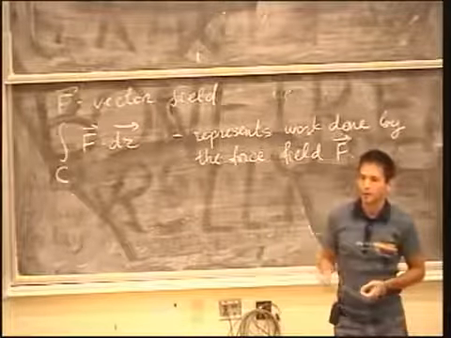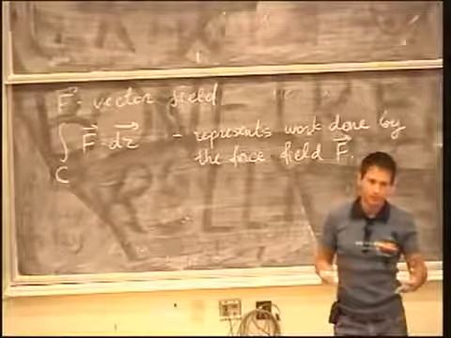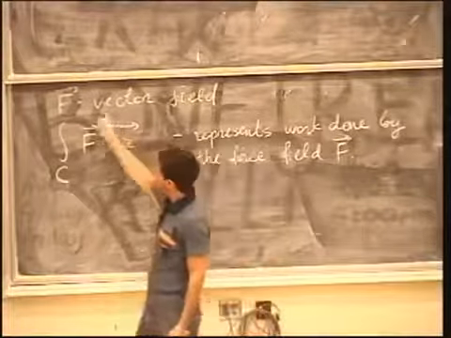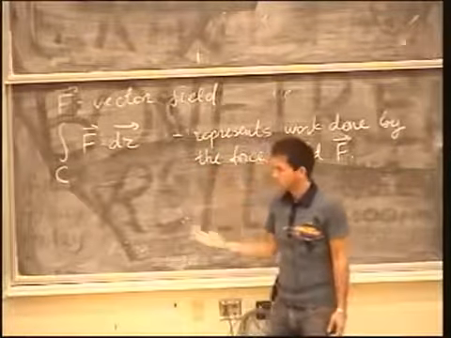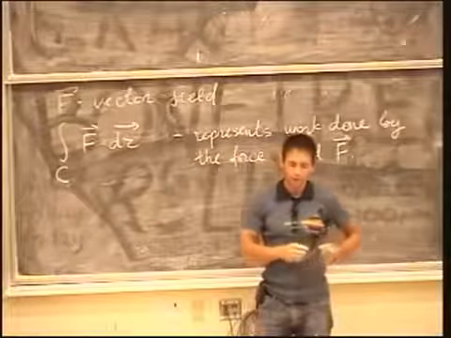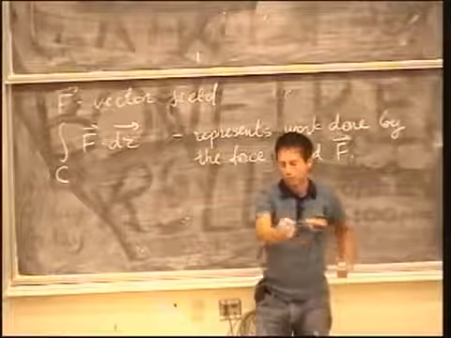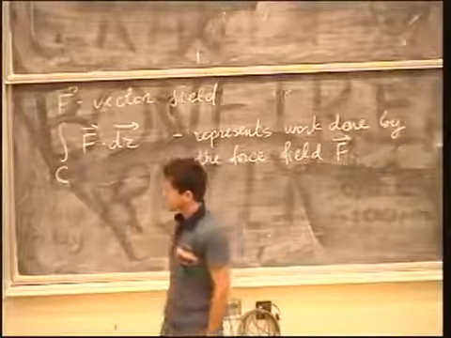When we talked about Maxwell equations last time, you had those two vector fields, E and B, right? Such a line integral would have a very concrete physical interpretation as the work done by this force. For example, for the electric field, the work done by it in moving an electron from one place to another along this curve C. So those were the two types.